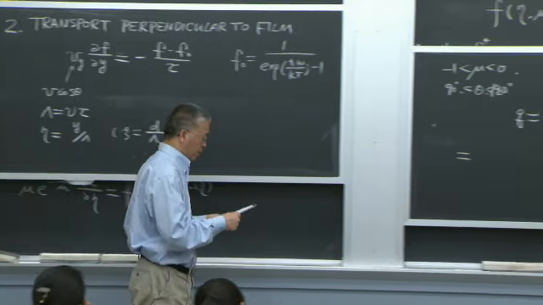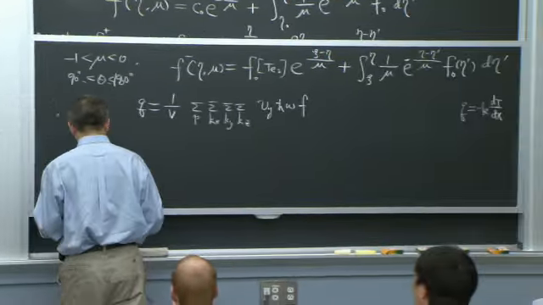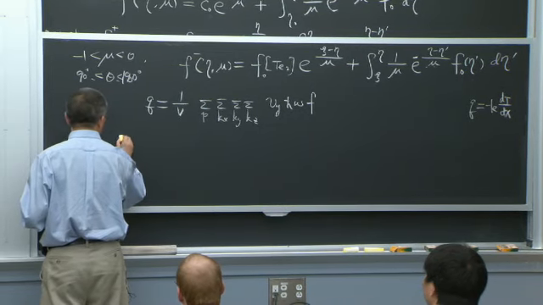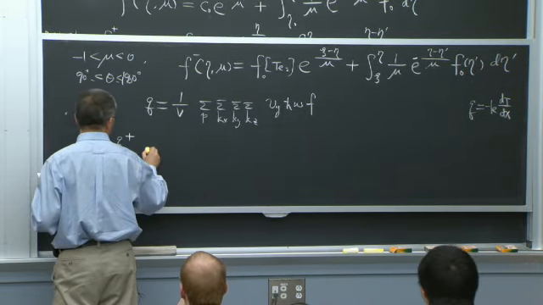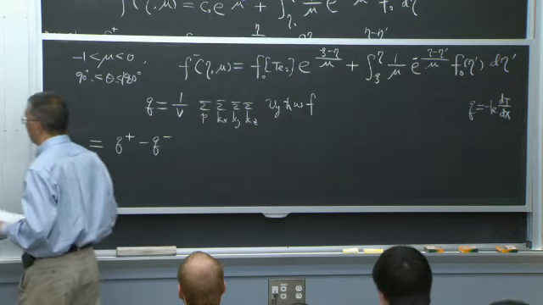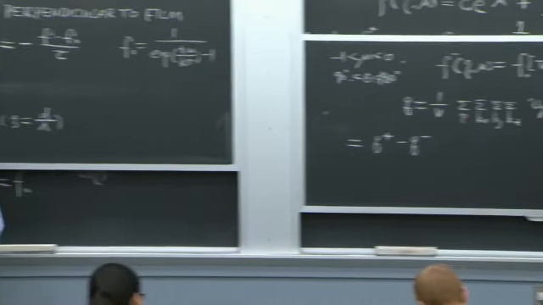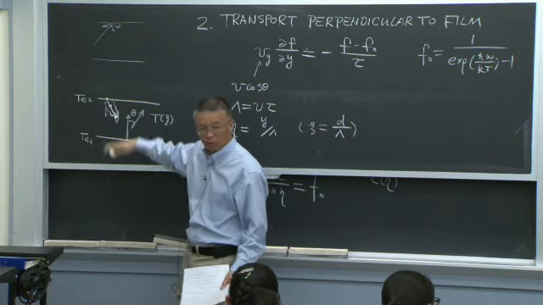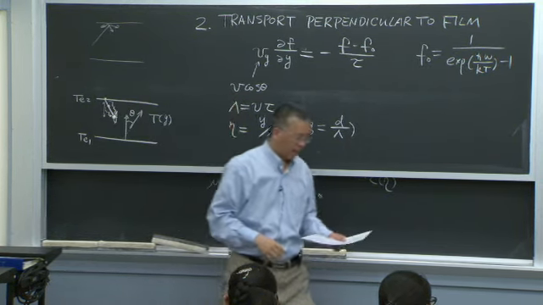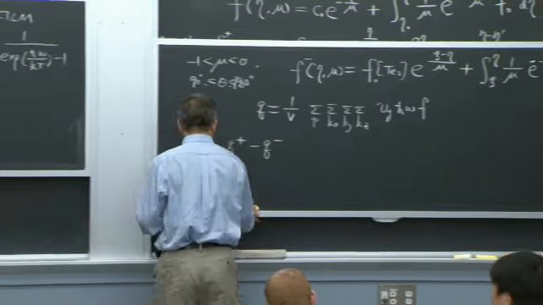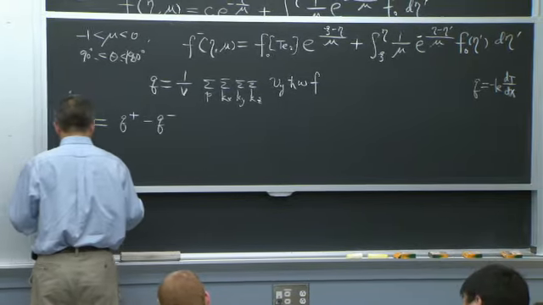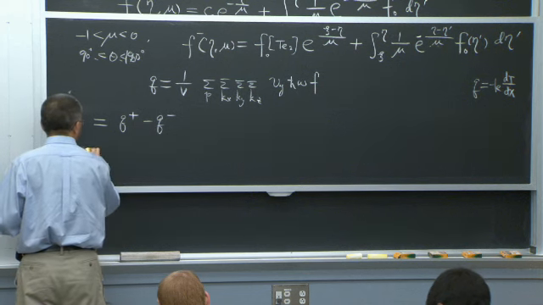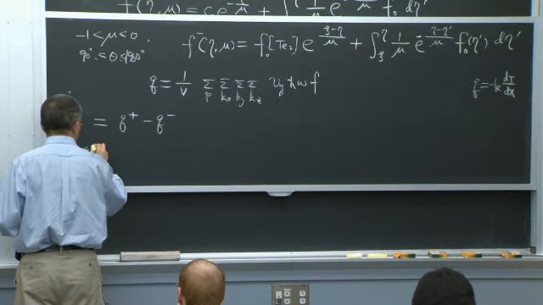And I will actually split this into two terms, a positive term and a negative term. The positive terms are the ones that go forward. The negative terms are going from the other boundary going downward, right? Then we can look at the expression after I convert the summation into integration.